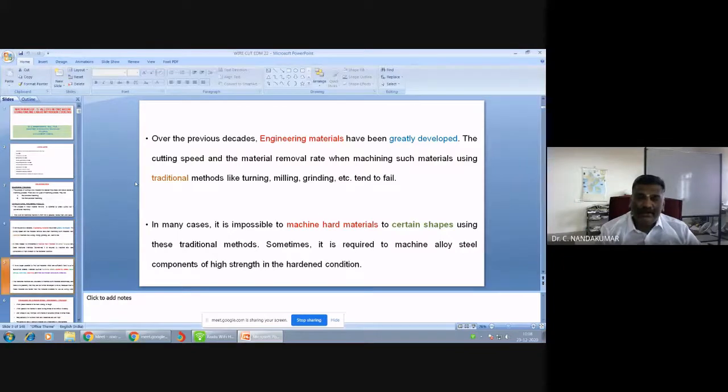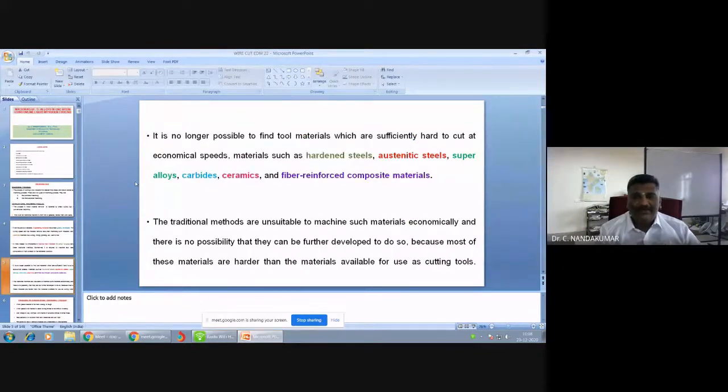In this slide I mentioned hardened steels, austenitic steel, superalloys, carbides, ceramics and fiber reinforced composite materials. These materials have different properties, so to cut each material to the required shape or for customer satisfaction, we need separate machining processes.